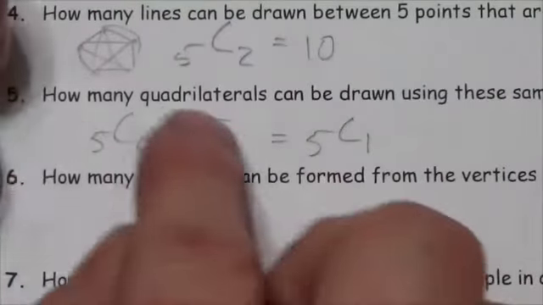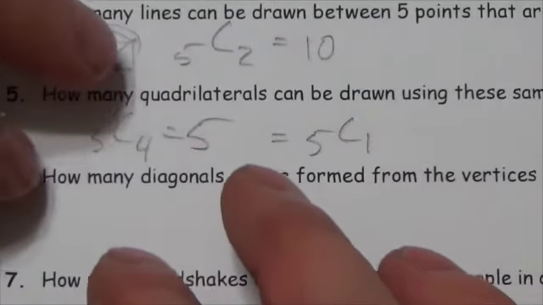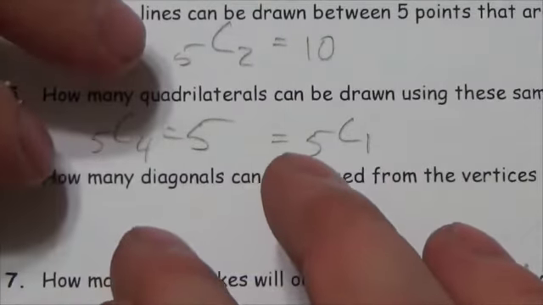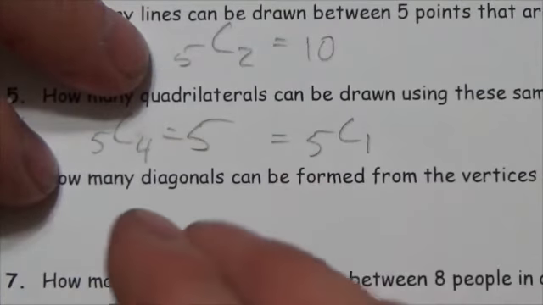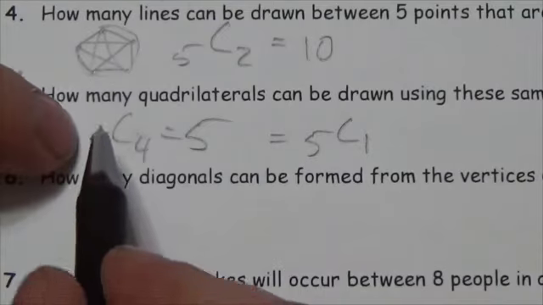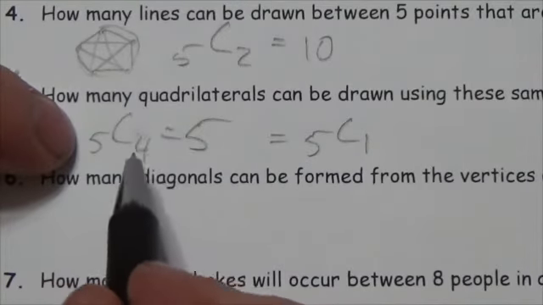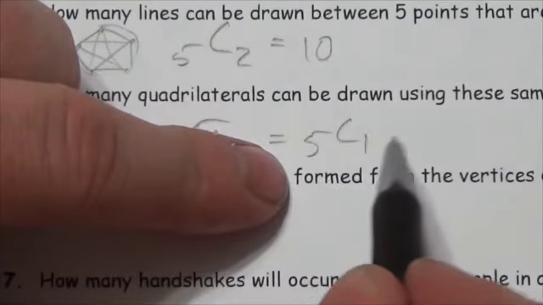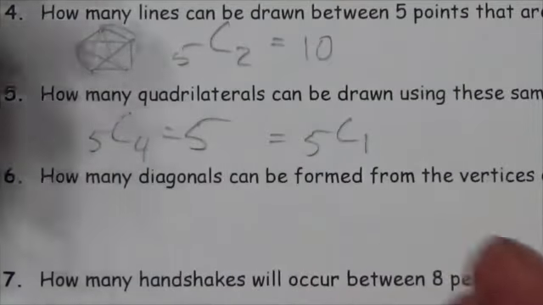Now, think about it like this. If there's 5 points to choose from and you're choosing 4 of them, you're always leaving a point out. So from a group of 5 points, choosing 4 is the same as choosing 1 to be left out. The result is identical.